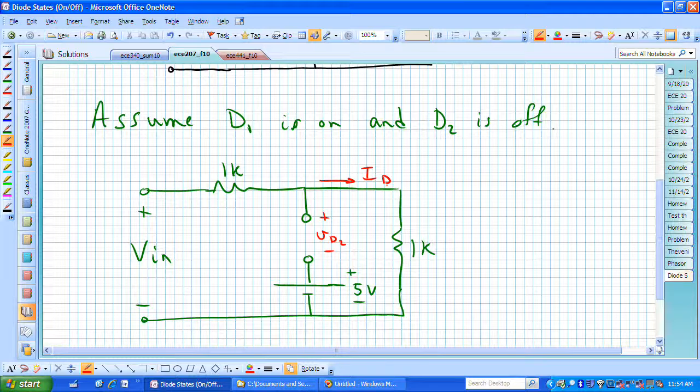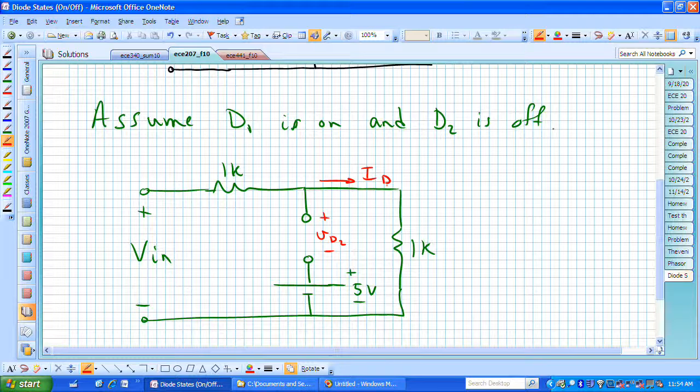Is current going in the direction that it is allowed through our one-way valve of diode 1? If diode 1 is conducting, then positive current is flowing from the anode end to the cathode side of the diode. So I sub D needs to be positive, and V sub D2 needs to be negative.